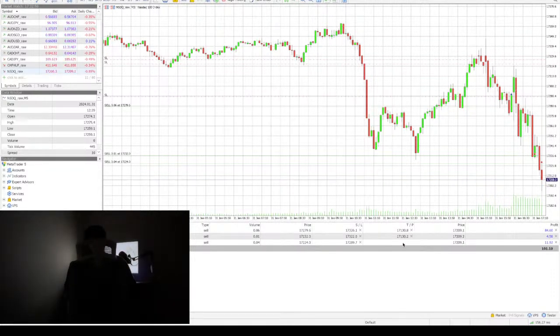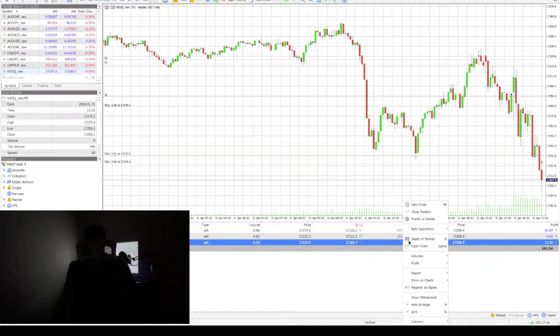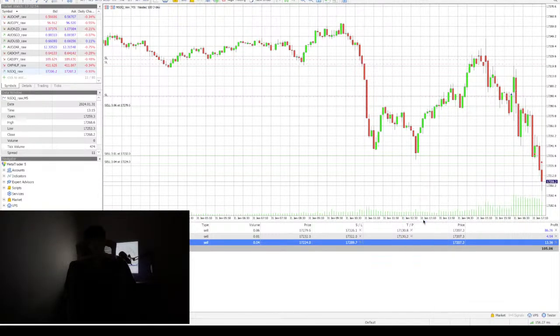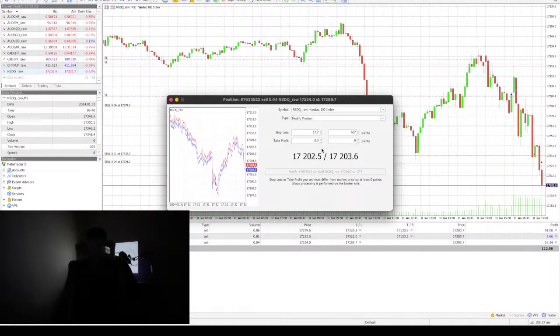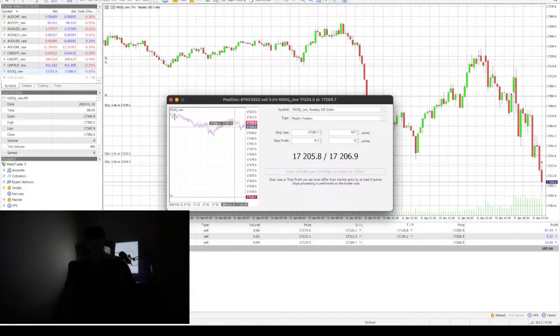Place your TP in this position also, 17130. In fact, what I'll be doing is I'll shift it a little upwards only.